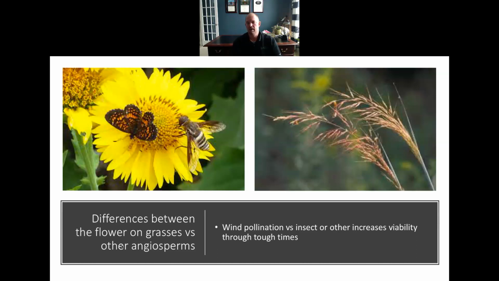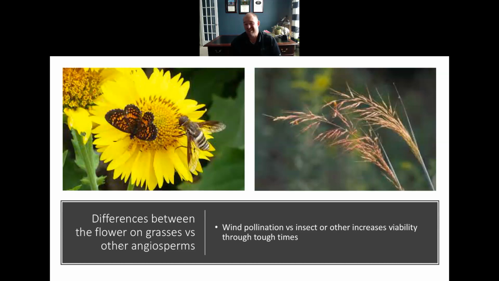And as another survival mechanism, the grass is not putting a whole lot of eggs in this cart. It has the ability to very prolifically reproduce with seed, and that is because of wind pollination. It's not relying on insect pollination the way other flowers do. If you think about a lot of the flowers in our gardens, they have to put on a show. They have to attract those insects, those pollinators.